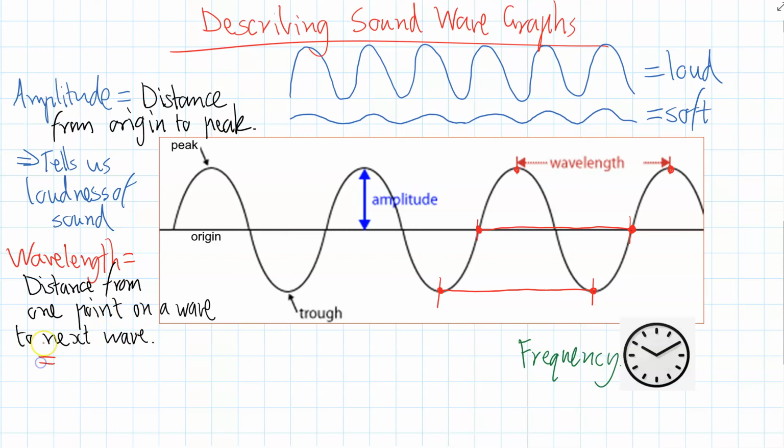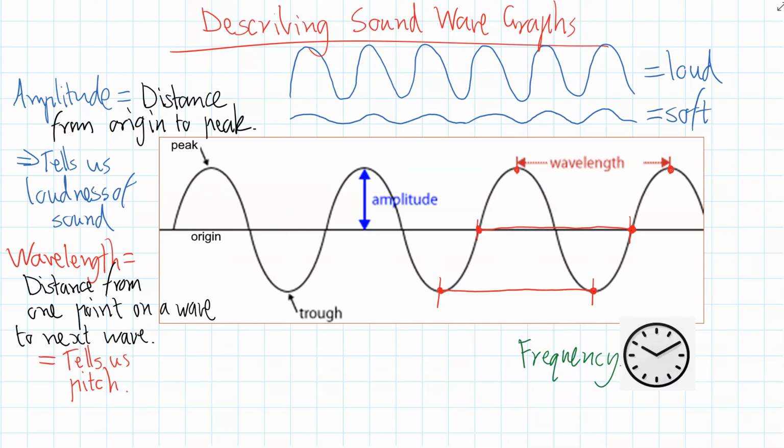And what the wavelength tells us is how high or low pitched it is. It tells us the pitch of the sound. And we'll come back to that in a second, but we'll jump over to frequency now.